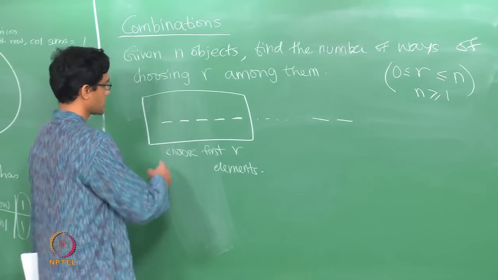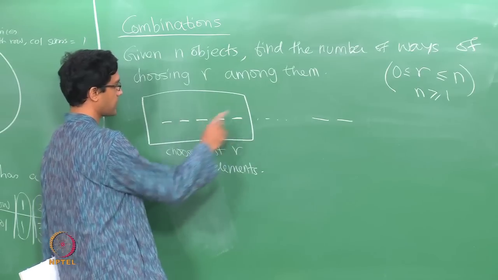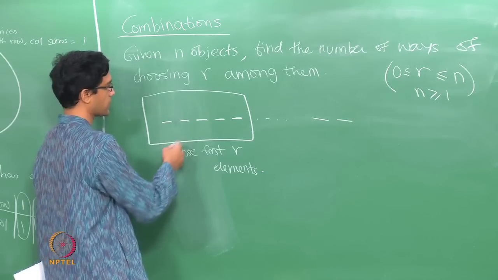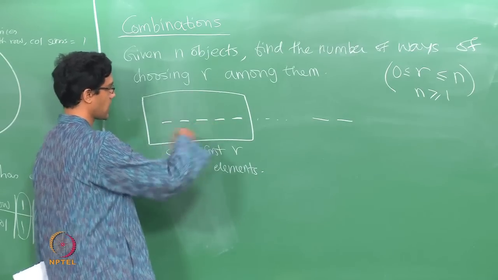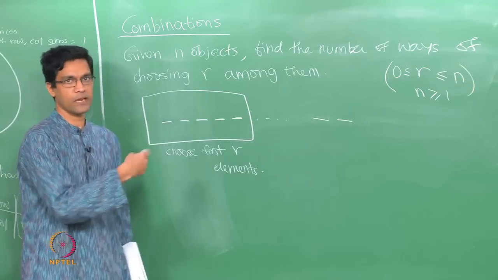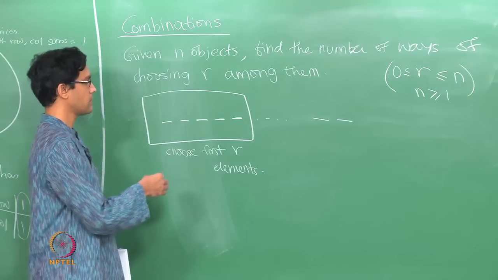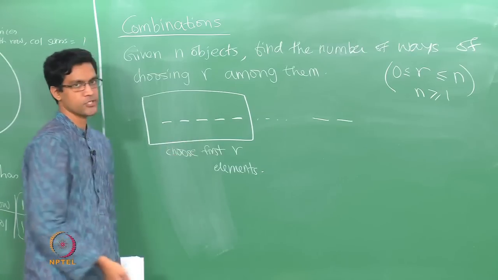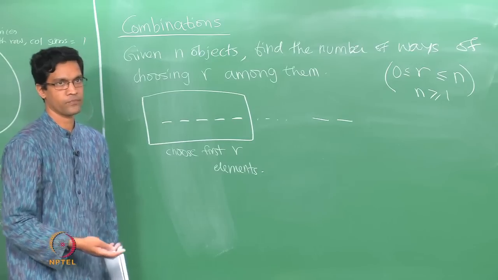Well, the answer is, if you take a permutation, you're given some permutation, and now you construct another permutation in which you permute these first R elements, okay, you permute them any which way you want, then in that new permutation that you generate, the first R elements are still the same, they are just occurring in a different order.